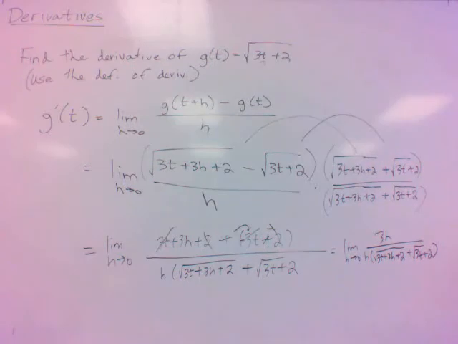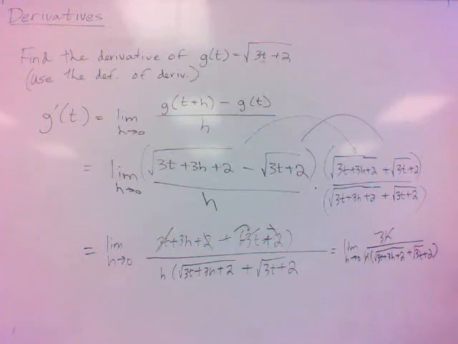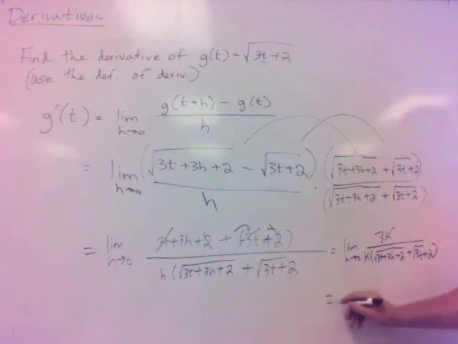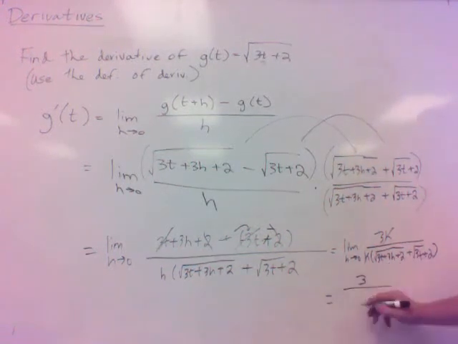But what happens then? The h is going to cancel, which takes out the problem, doesn't it? Now, h can go to 0. I can plug in h to be 0, can't I? Because the h in the bottom doesn't cause my denominator to go to 0 any longer, so I get the limit is actually 3, and then I'll have the square root.